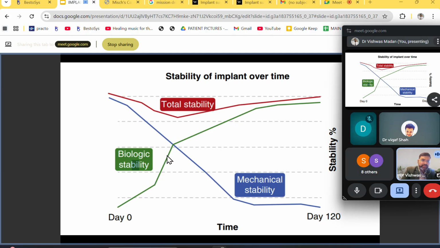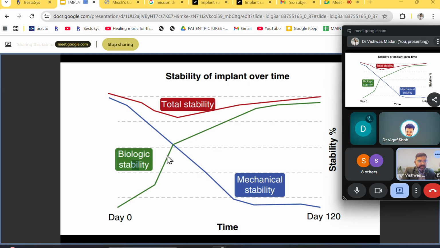On a scale of 1 to 10, if you had about 10 on 9th November, it's going to go back to near 3 or 2 on 26th November. So that is not the time when you touch the implant.